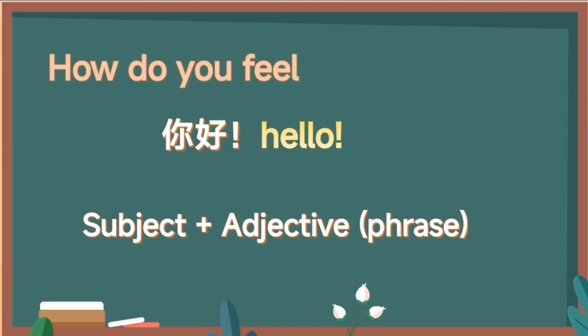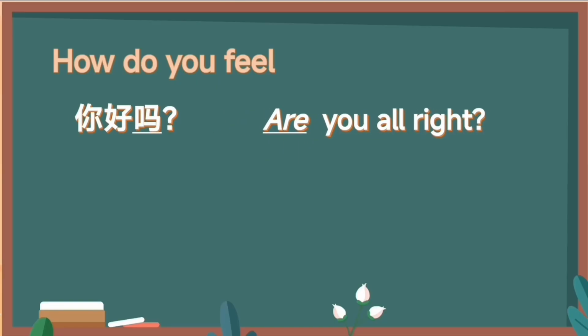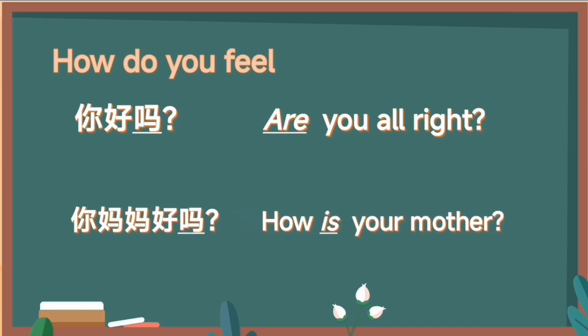Let's compare the differences of adjective sentences between Chinese and English in forming general questions first. 你好吗? Are you all right? 你妈妈好吗? How is your mother?